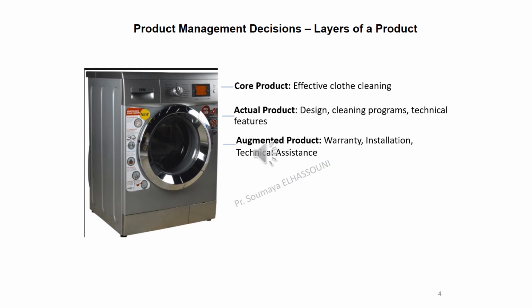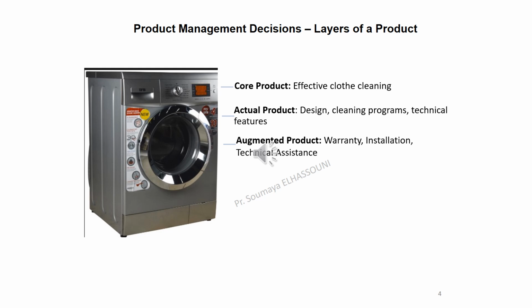To illustrate these layers in more detail, let's stick with our example of the washing machine. At its core, as I said, the washing machine offers one main benefit, which is cleaning clothes. That's the core product. As an actual product, it includes, like I said, features such as design, quality, capacity, or also the energy efficiency.